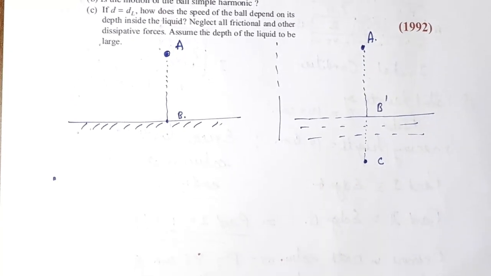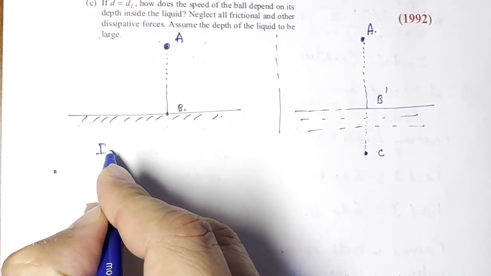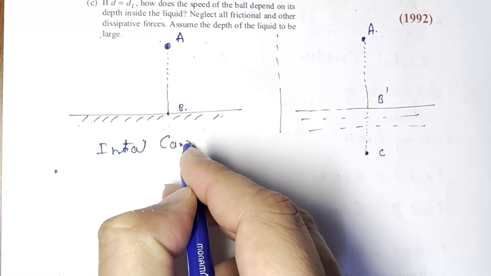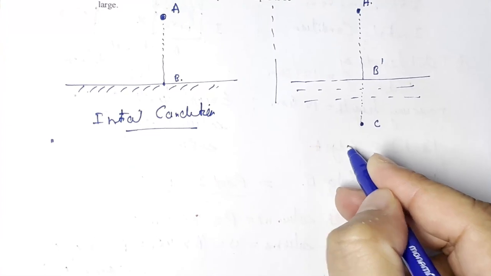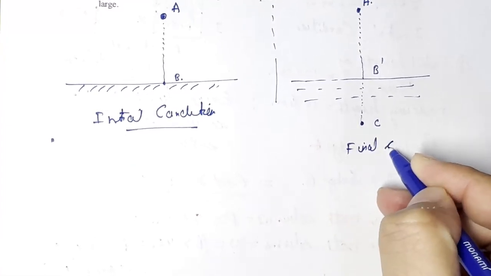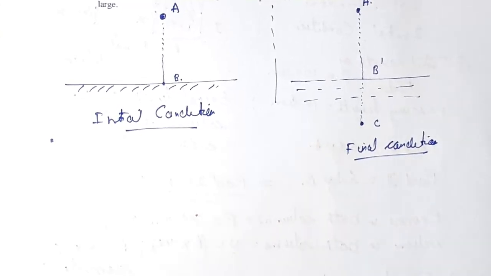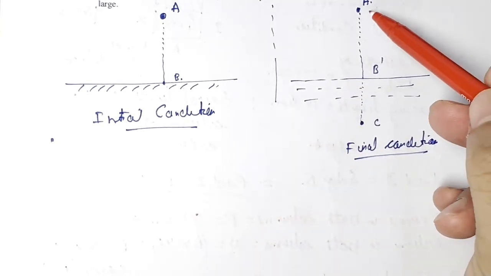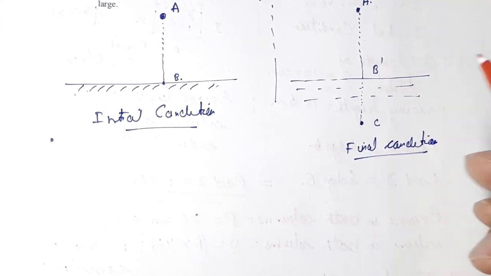Let us call this the initial condition and this the final condition. From the final condition, we can clearly see that the ball is going to interact with two different mediums.